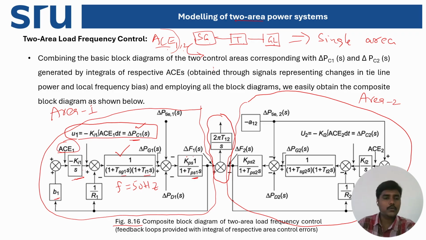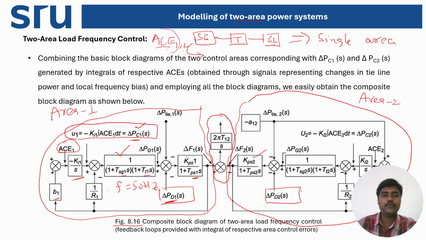Just similar to area 1, on the right side we have similar blocks for area 2. Here you can see delta PD2 of S is the load demand power available in area 2, just similar to delta PD1, which is the load demand power available in area 1. Here KPS2 by 1 plus TPS2 into S represents the transfer function of the power system or generator load model in area 2.